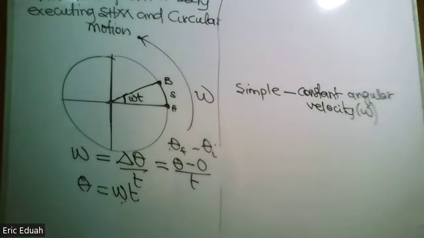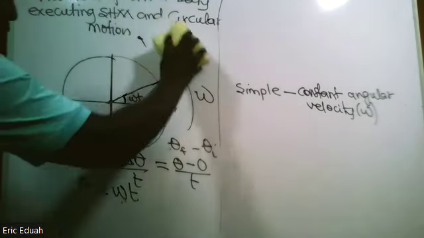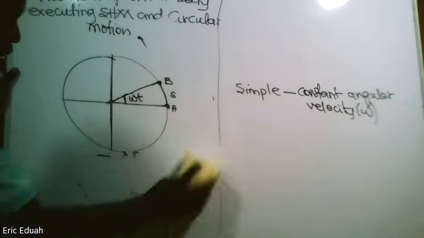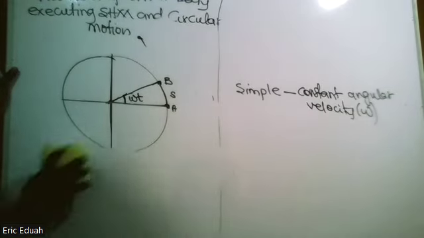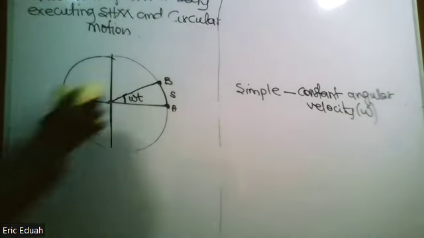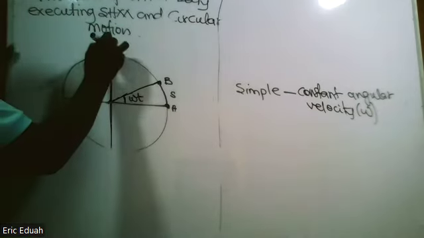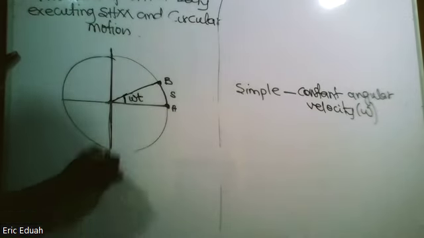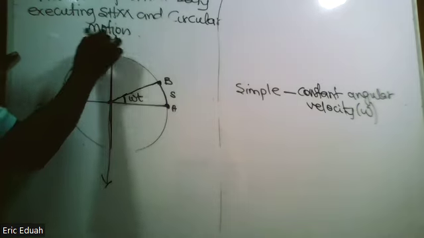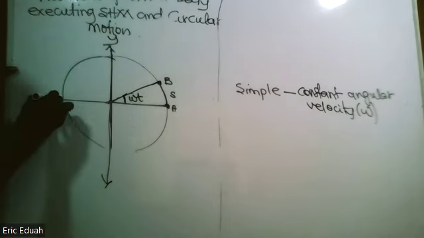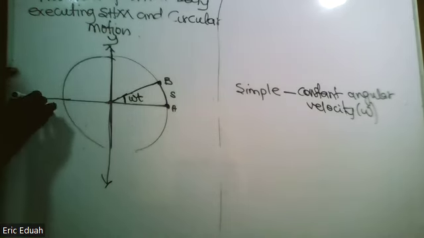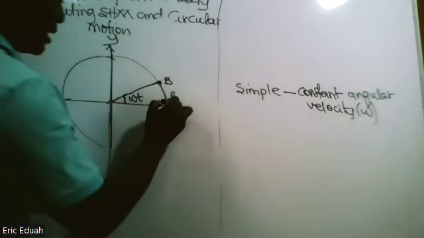Okay. So I've explained omega, why omega is constant. Now, this is the vertical y-axis. This is the horizontal x-axis.